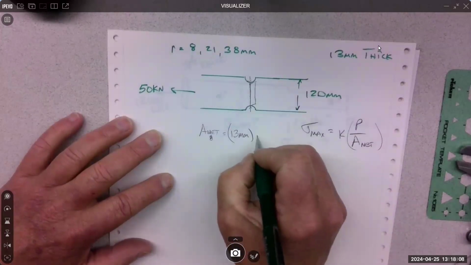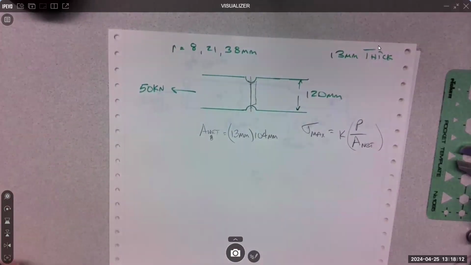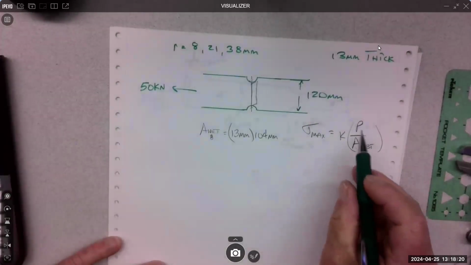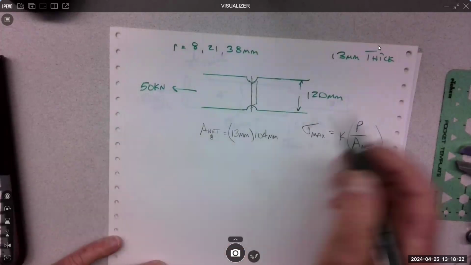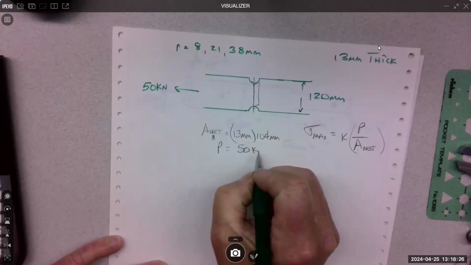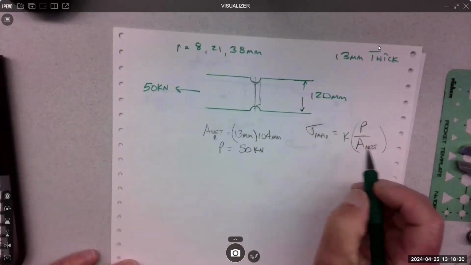So that would be what? 104? Is that right? Yes. All right. So then we need this K factor thing. We got area net, that's this. We know P, that's 50 kilonewtons. So we need K. How do we get K?